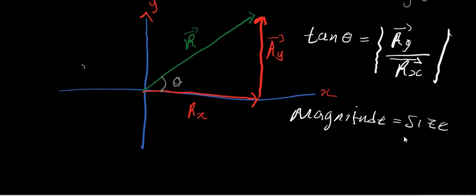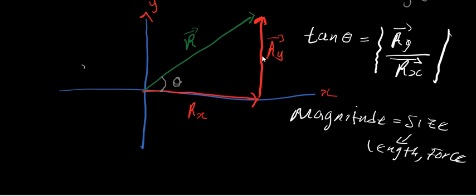This size can be the length, or it can be the force, depending on whatever you have been given. This is the reason why we say a vector always has magnitude and direction.